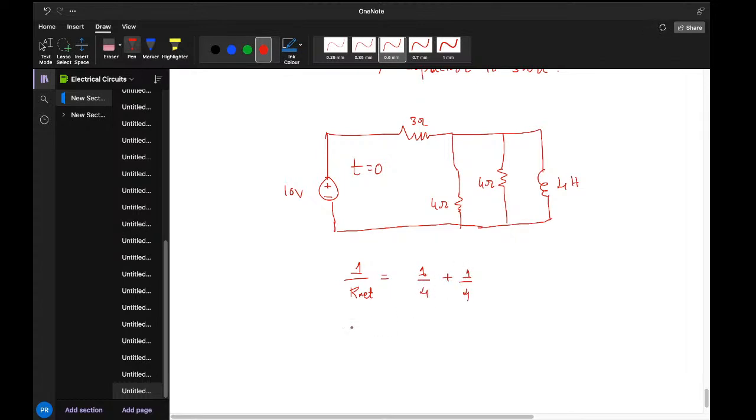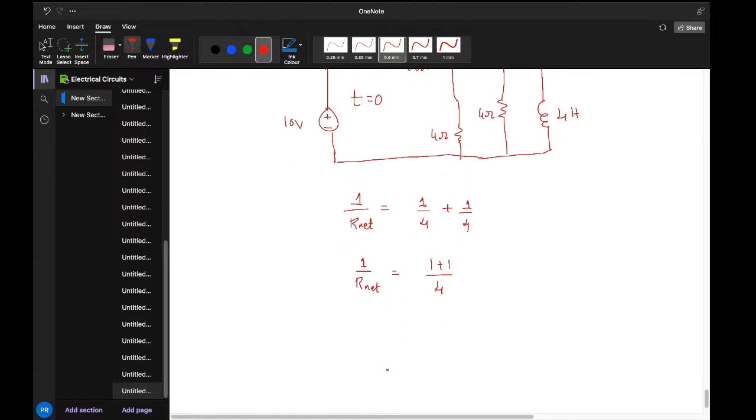So 1 over R net equals, making a 4 over here, 1 plus 1 over 4, so 4 by 2 is equal to 2 ohms.